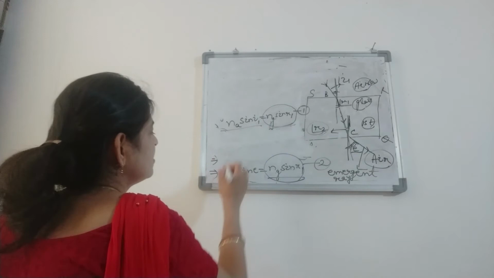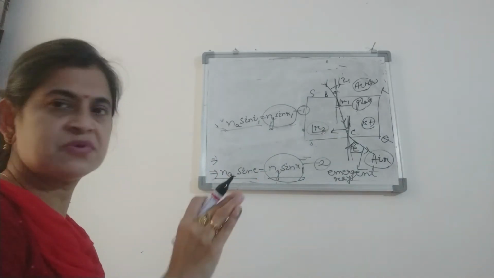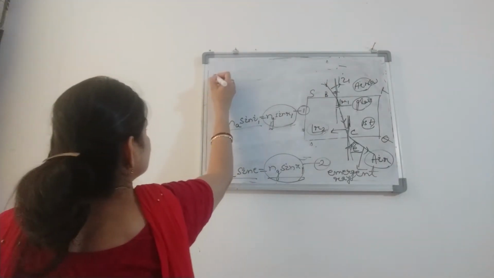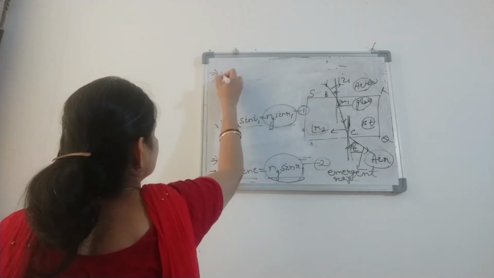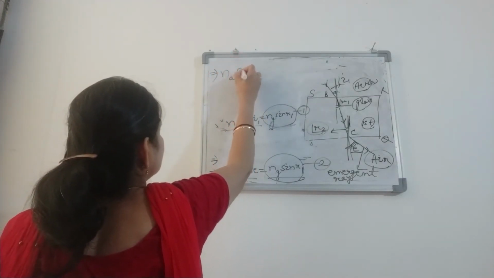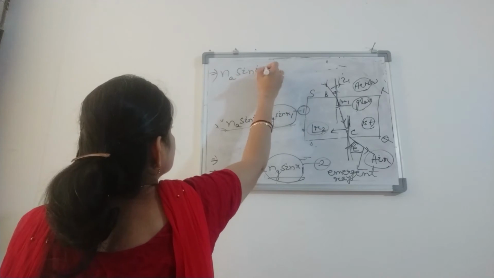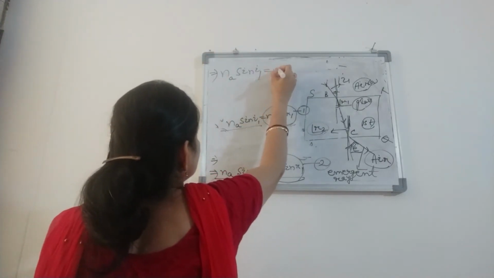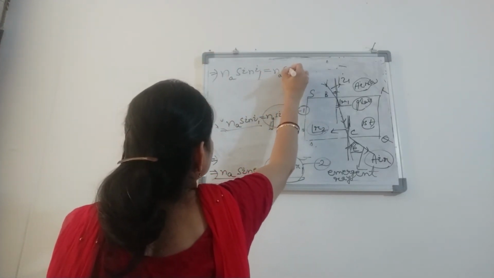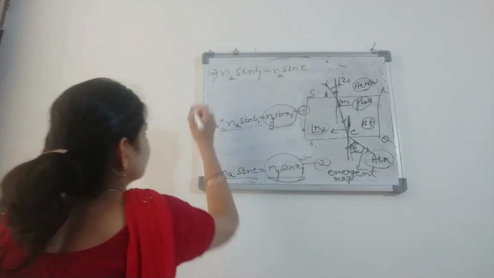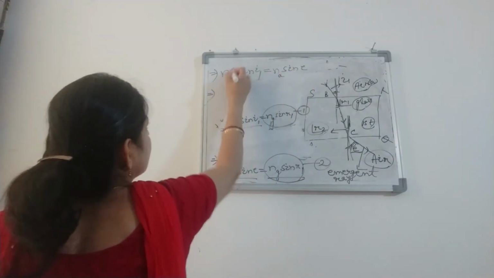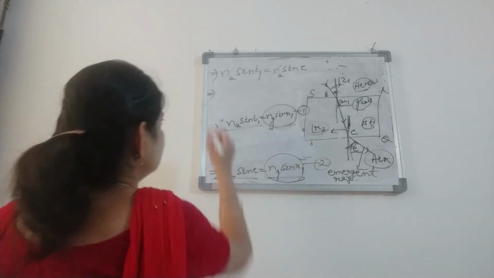So the left hand side of both the equations will be equal. That means you can write NA sine I1 is equal to NA sine E. NA will be cancelled.